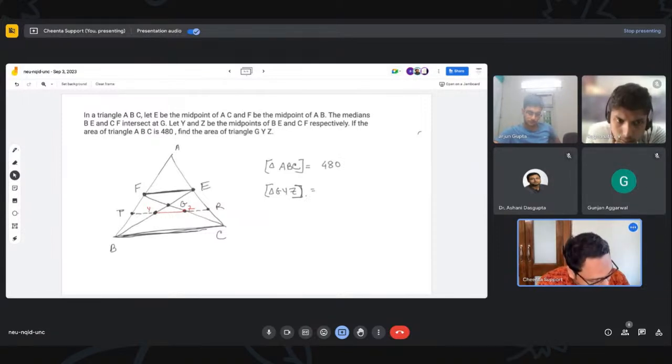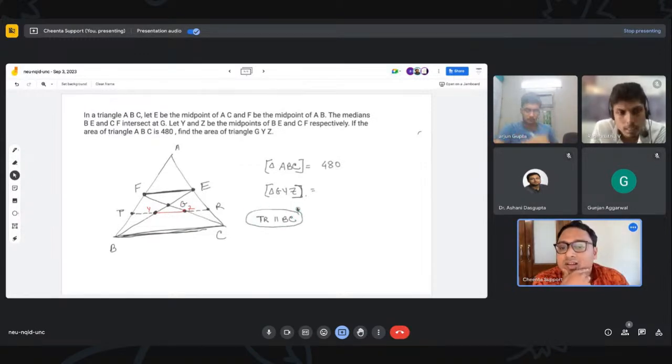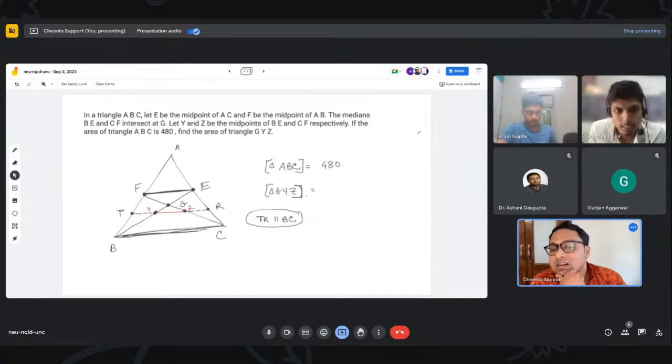What do you think? TR will be parallel to BC by the same midpoint theorem? Well, we have to check that, because maybe Y is not collinear with TZ. Okay, that could be the case.